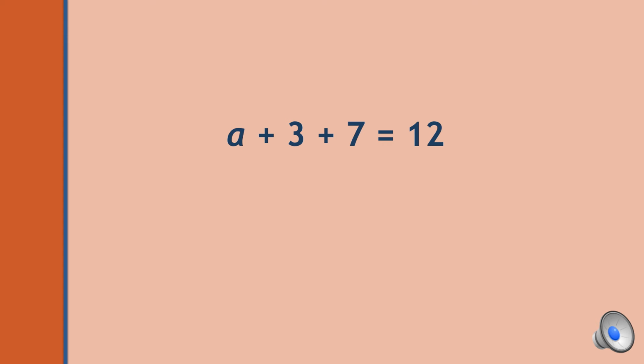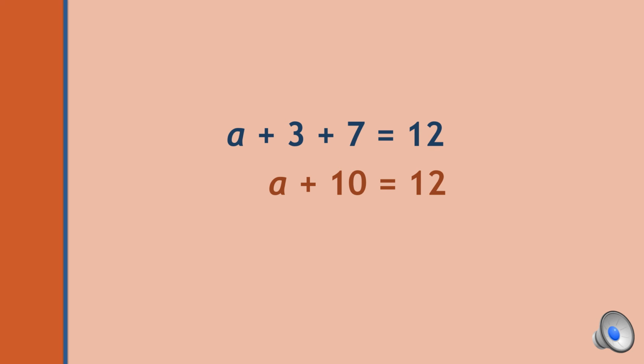In this case, the 3 and the 7 are similar because they're both whole numbers. We add those together to simplify this equation. So instead of a plus 3 plus 7 equals 12, we simplify and say a plus 10 equals 12, because 3 plus 7 equals 10. Then we want to solve for a. Take a minute, pause the video, and solve for a.